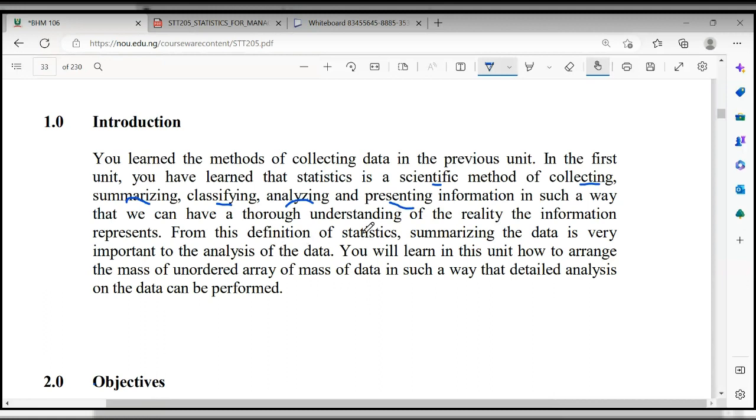Then, from this definition of statistics, summarizing the data is very important to the analysis of the data. You will learn in this unit how to arrange the mass of unordered arrays of data in such a way that detailed analysis can be performed.